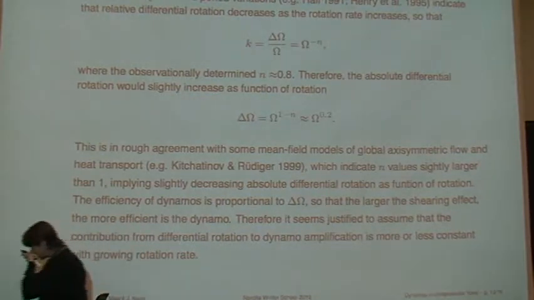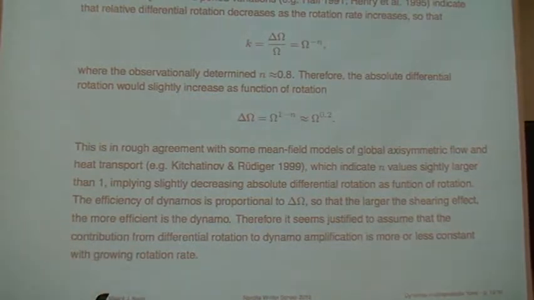Okay, so then I have some slides about differential rotation on these rapidly rotating stars, or in a bunch of stars, not necessarily rapidly rotating. These authors usually find this kind of relation.